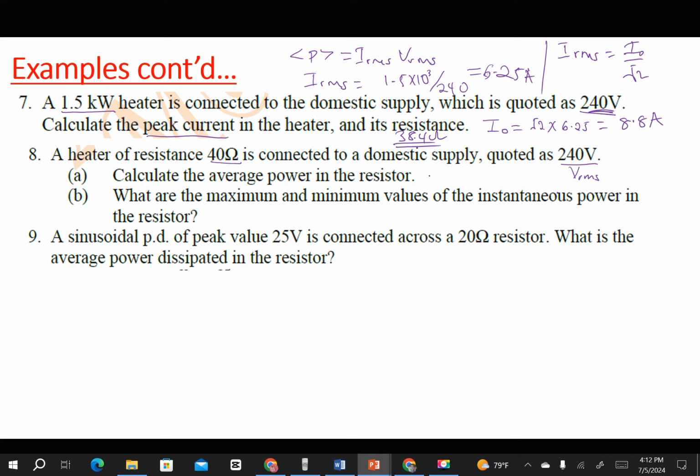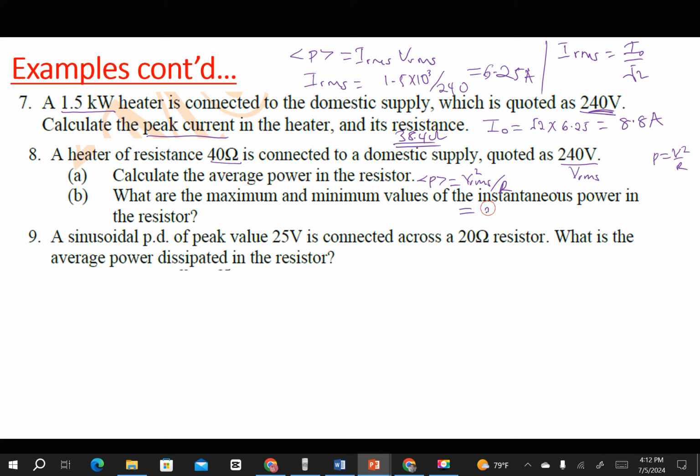So they have given us the resistance and they want us to find the average power. So the average power is going to be equal to, I'm going to use an equation which has resistance and V. Instead of saying power is equal to V squared over R, I'll instead say it is V root mean square squared divided by R. So you just divide.